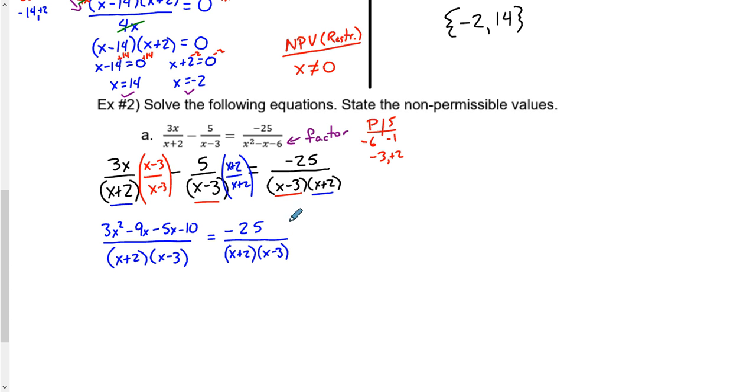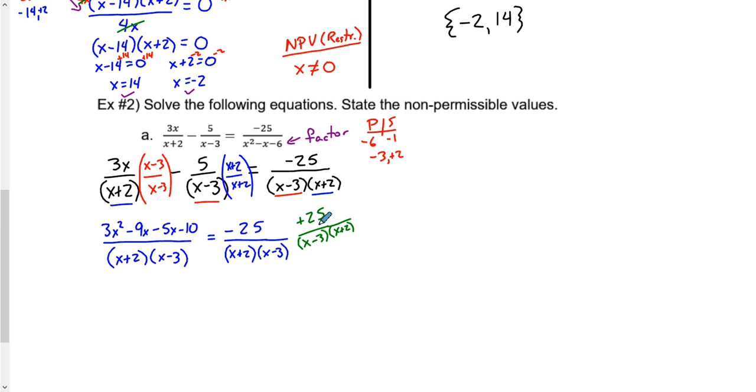Because essentially what we are going to do is get rid of something over x subtract 3, not x plus 3. You may wish not to write this part, but we are going to get rid of this -25 over this x plus 2, x minus 3. In order to get rid of a -25, we're going to add 25.